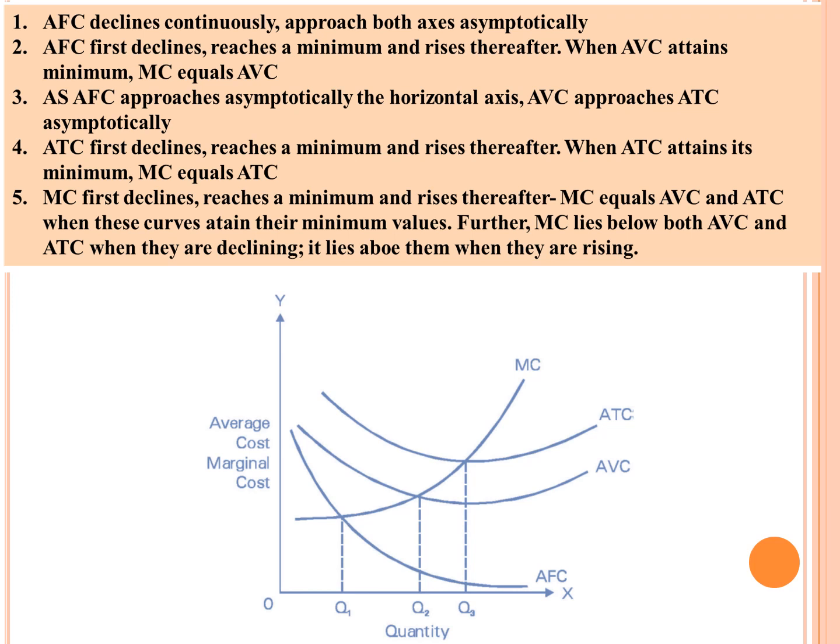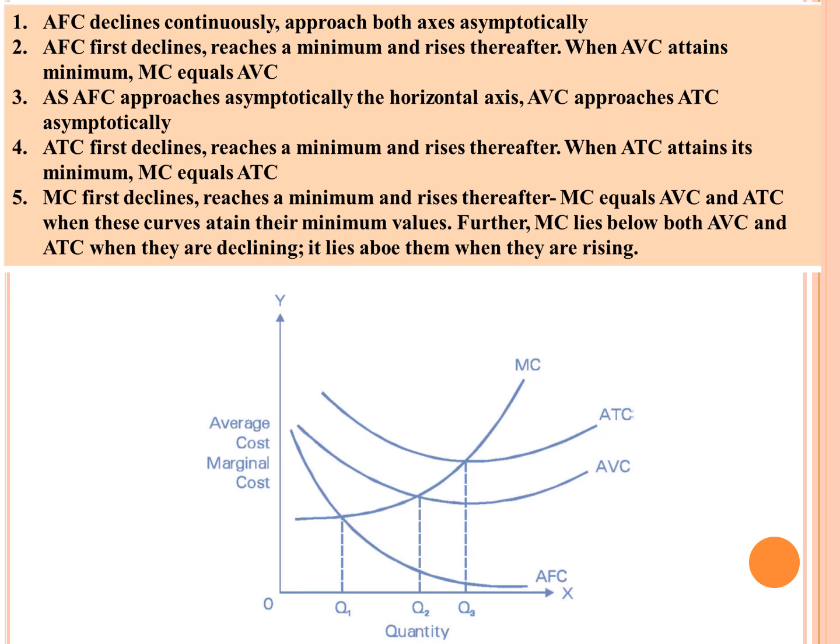When average total cost declines, reaches a minimum, then rises thereafter, when average total cost attains its minimum, marginal cost equals average total cost. You can say that marginal cost crosses the average variable cost when it is at its minimum and crosses average total cost when the average total cost is also at its minimum point.